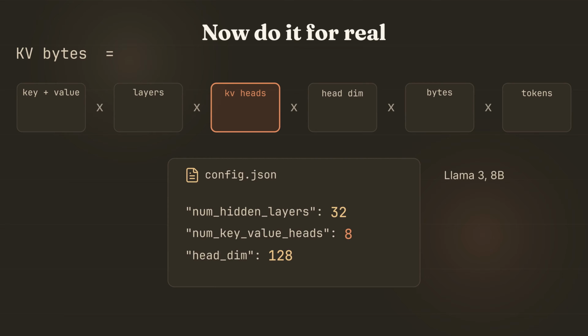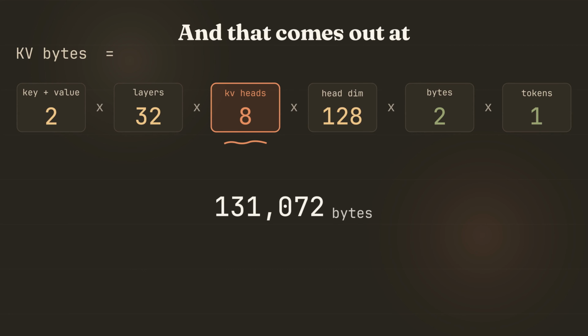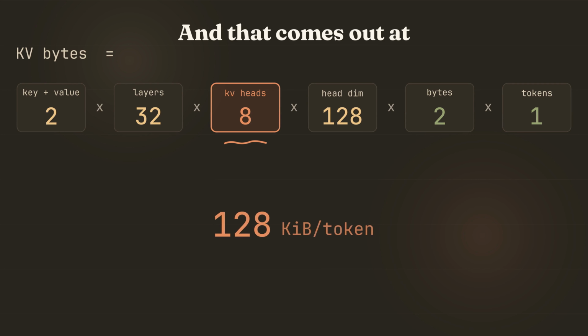And every one of these is sitting in the file that ships with it. 32 layers, 8 key and value heads. Each head is 128 numbers wide and it's 16-bit. So that's 2 bytes a number. So 2 times 32 times 8 times 128 times 2. And what does that come out at? 131,000 bytes. Call it 128 kilobytes for one token.